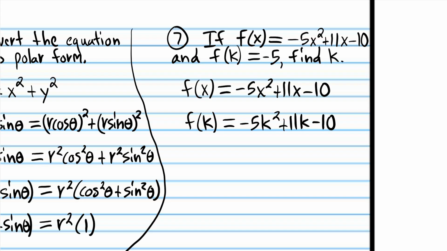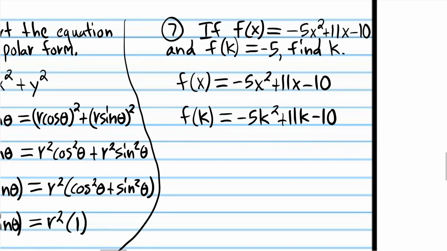We're just plugging in k. Now, k is an exact number. x is a variable. k is a letter that represents an exact number, whereas x is a letter that does not necessarily represent an exact number. It's kind of hard to wrap our brains around.